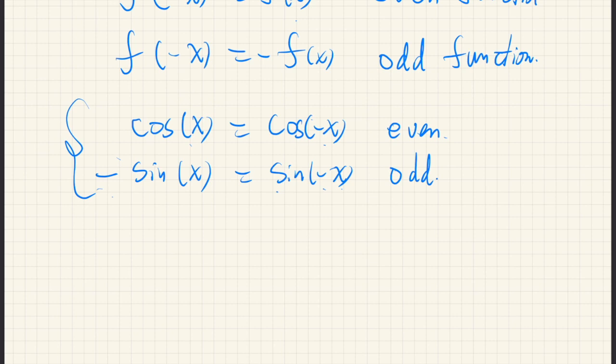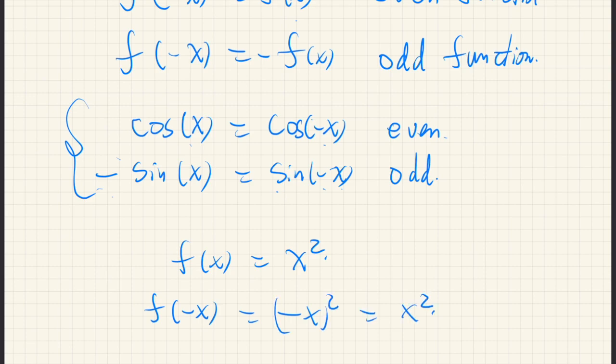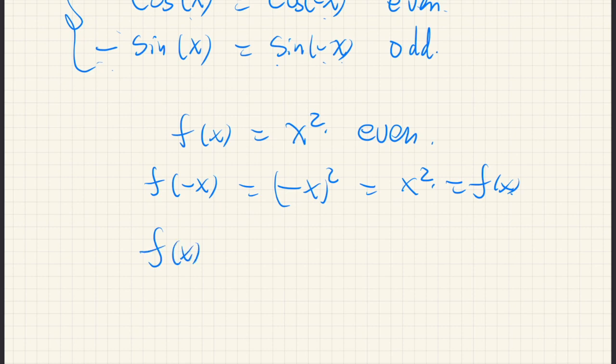And what about f of x equal to x squared? Is that odd or even? Let's try that. f of negative x, if we substitute, is negative x squared, so it's equal to x squared, which is equal to f of x. Therefore, this is an even function. And what about f of x equal to negative x cubed? Is that even or odd? You should try to show that this is actually an odd function.